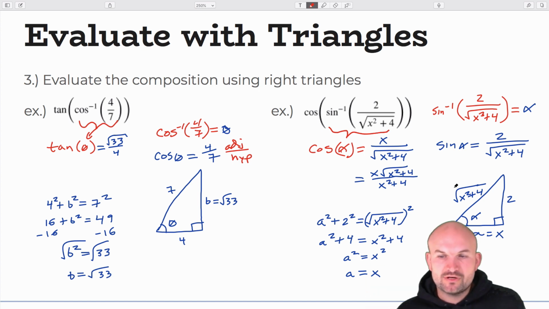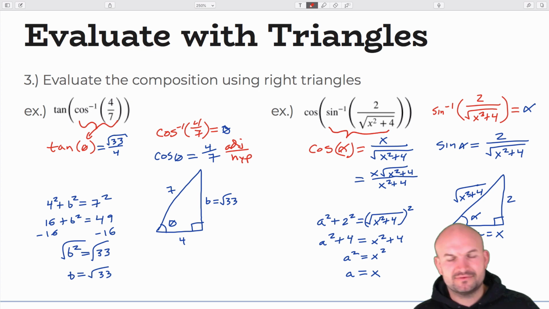So if I put opposite over hypotenuse in a triangle with angle alpha there, I can now solve for my missing side. By using the Pythagorean theorem here, I have the quantity x, square root of x squared plus 4. Well, when I square that, I just get x squared plus 4. When I solve for the missing side, a, I just get x.